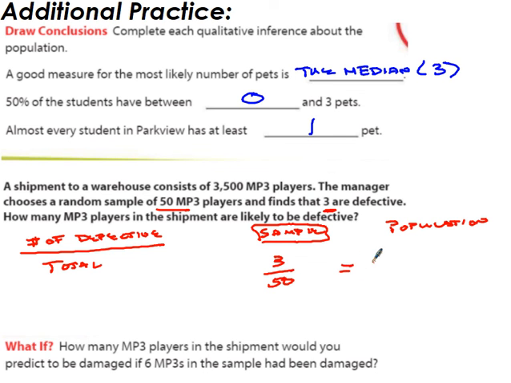Well, in our population, I don't know how many are defective. That's what we're trying to figure out. But I do know the total. There's 3,500. This is my proportion that I'm trying to solve. And the way we solve, again, we've seen these before, is where we have to cross multiply.